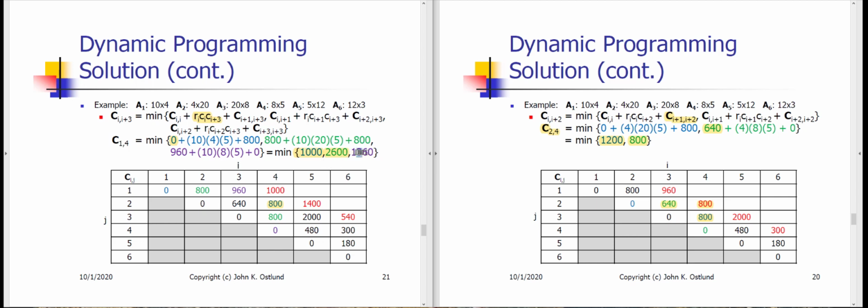And that gets us to 1,360. So, of these 3 choices, the first choice turns out to be the best, and our minimum cost of computing the product of A1, A2, A3, A4 turns out to be 1,000 operations. And we go through similar painful bookkeeping to get 1,400 for C sub 2,5 and 540 for C sub 3,6.